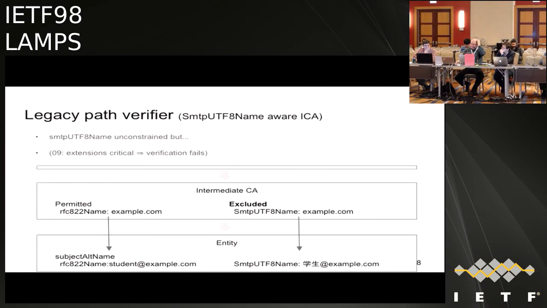I think there's going to be an interest in having these types of name constraints. There are advantages to using name constraints through the CAD form process, as an example.